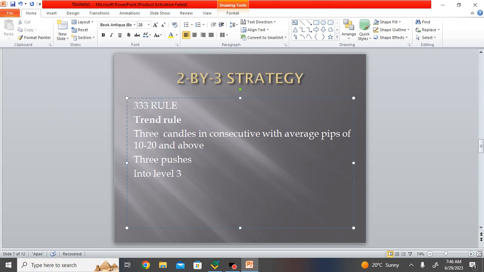This is a trend rule. So you will see 3 consecutive.